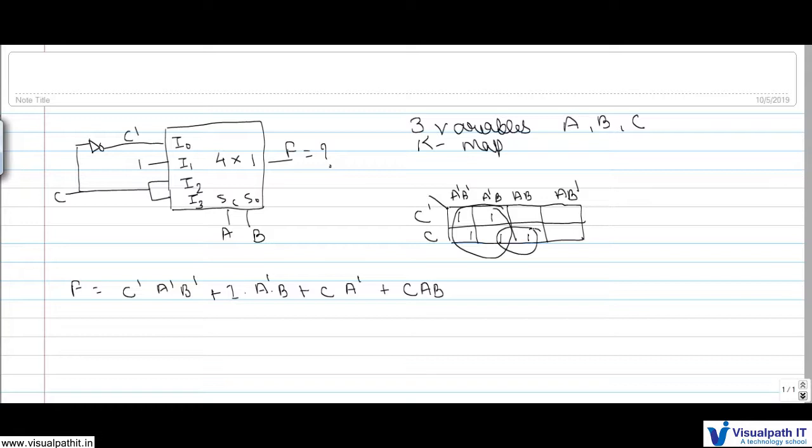Okay, this is how we can implement any Boolean function with the help of multiplexer. Now let's assume I have one more example. This is also a circuit. I need to find out what function this circuit is going to perform. So I have a 4 cross 1 mux.